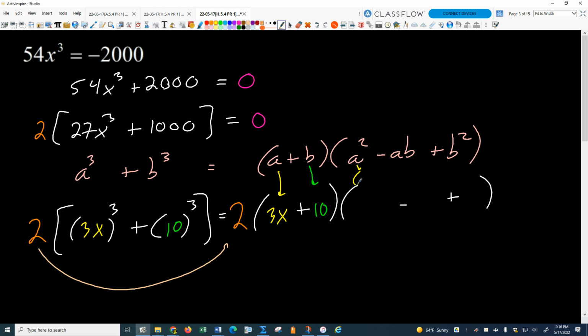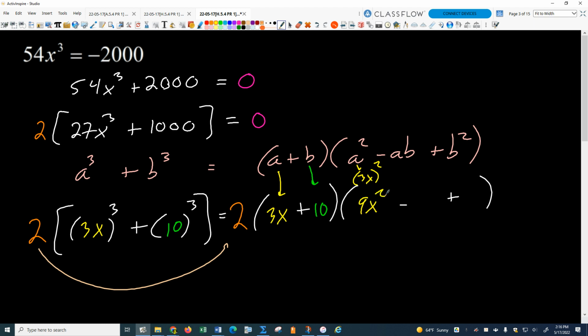So a squared is what squared? What quantity am I squaring there for a? 3x. Okay, now here's another common mistake. What people a lot of times want to do for a squared is write it as 3x squared. What should it actually be? 9x squared, because I've got to square the whole thing, the 3 and the x.